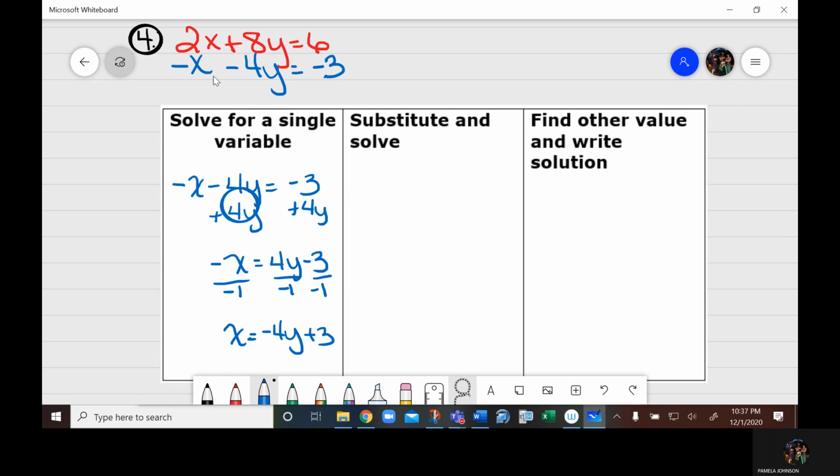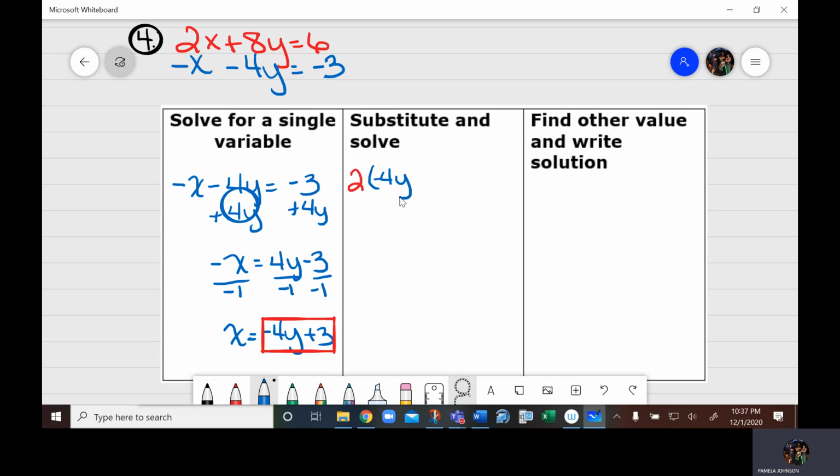We're going to take our 2x plus 8y equals 6 equation. So 2, and instead of the x, we're going to put in this negative 4y plus 3.